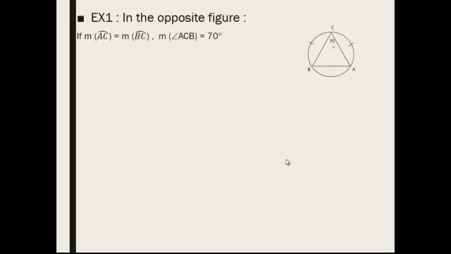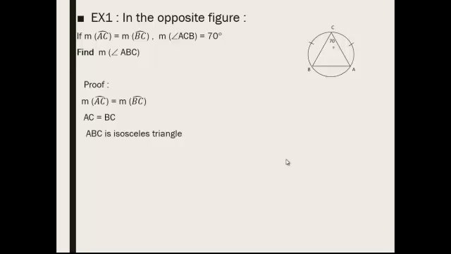Okay, I have an example. In the opposite figure, the measure of arc AC equals the measure of arc BC, and the measure of angle ACB equals 70 degrees. Find the measure of angle ABC. Since the measure of arc AC equals the measure of arc CB, then chord AC equals chord CB.